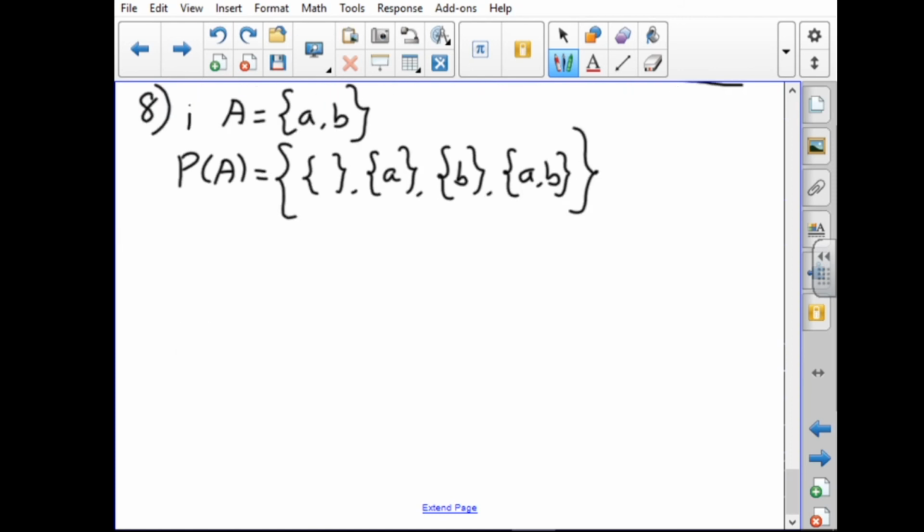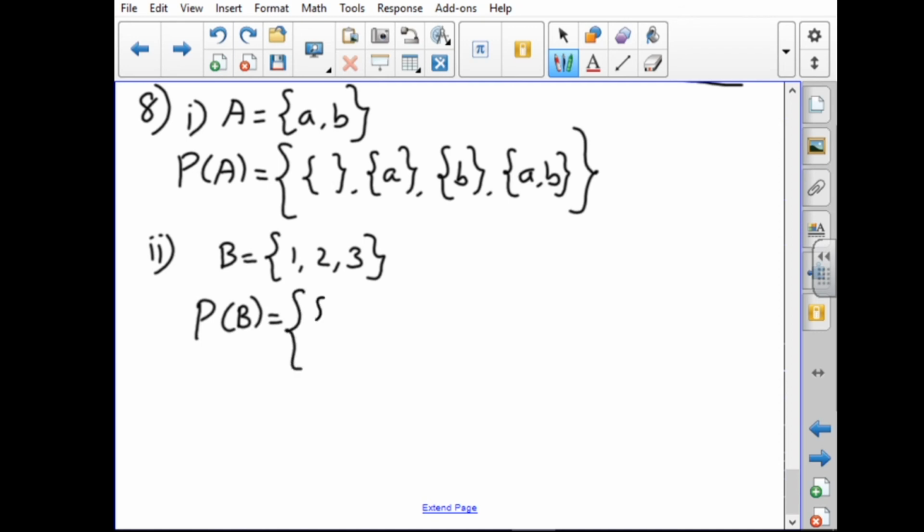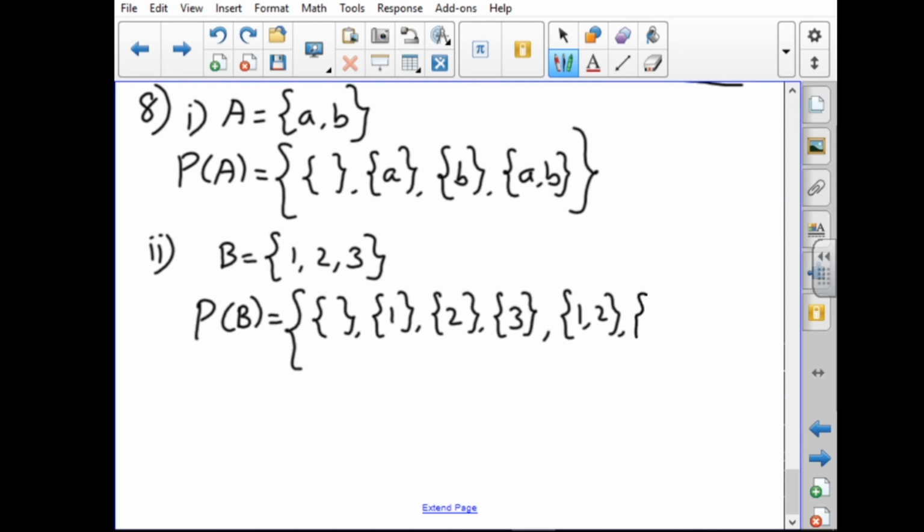Then this is the first one, then second one, B is equal to 1, 2, 3, okay. Power set is denoted by P of B, okay, outer bracket, then empty set, then the single elements, then two elements, 1 comma 2 and 1 comma 3 and 2 comma 3, okay.